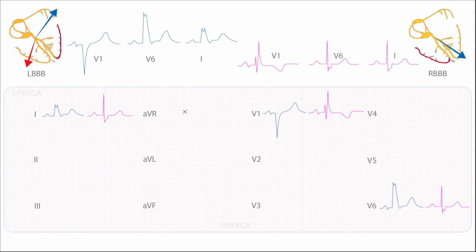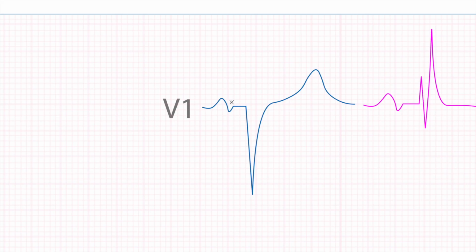So in a typical left bundle branch block, colored in blue here, and right bundle branch block, we're not going to be talking about this, don't let it confuse you, but it's in magenta. What you would expect to see is what people typically associate with left bundle branch block, right? You have this big giant negative QRS in V1, and immediately people will label it left bundle branch block.